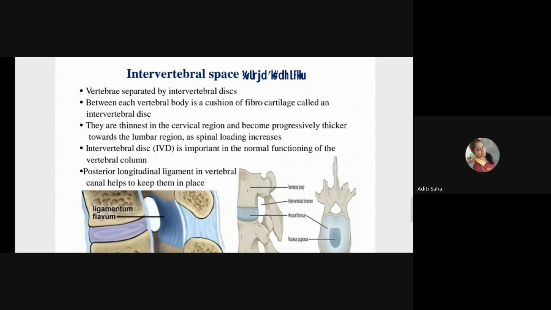Yes. Now we will go for intervertebral space. Vertebrae are separated by intervertebral discs. We have already discussed the concept that between each vertebra we can find an intervertebral disc, which is made up of what? Anybody?